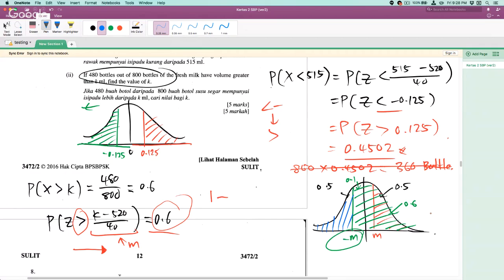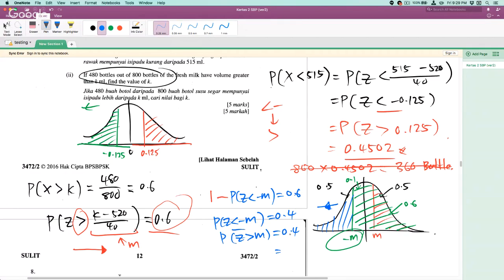So the blue color one is the probability Z is less than negative M. This is negative M, going in this direction, so it will be less than. So the probability Z is less than negative M equals 0.4. When less than and negative happen at the same time, you can change to the bigger. So it equals 0.4.